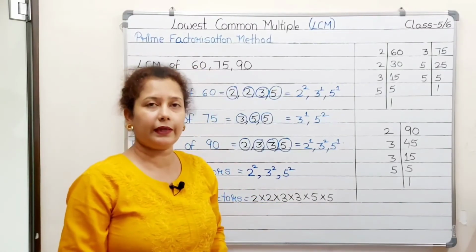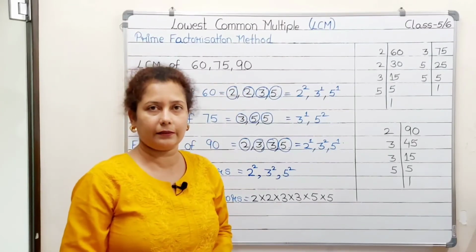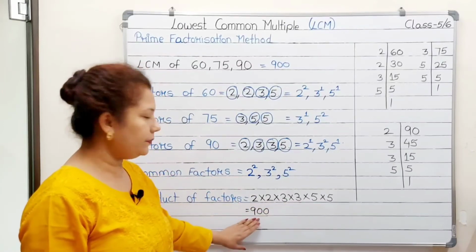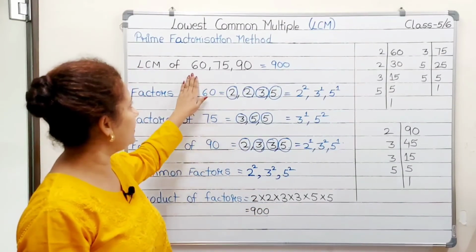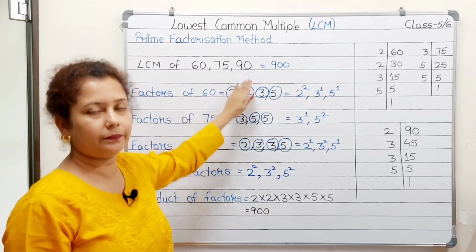The product which we will get will be the LCM of 60, 75 and 90. When we will multiply all the prime numbers, we get 900 as the answer. So 900 is the LCM of 60, 75 and 90.